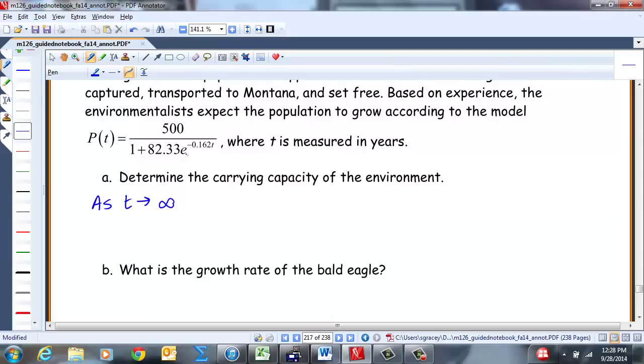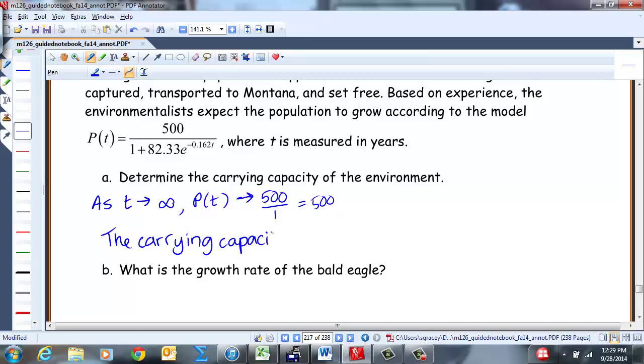So if that gets close to zero, 0 times 82.33 is 0. So P at T would be approaching 500 divided by 1, which is 500. So the carrying capacity of the environment is 500 bald eagles.